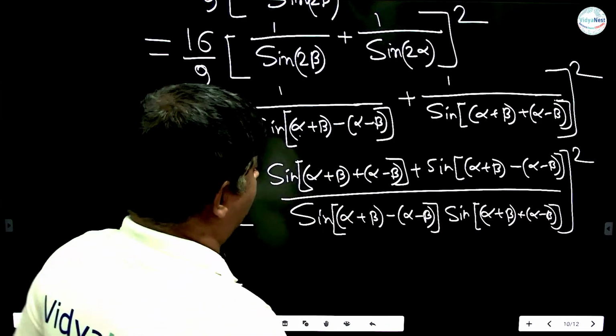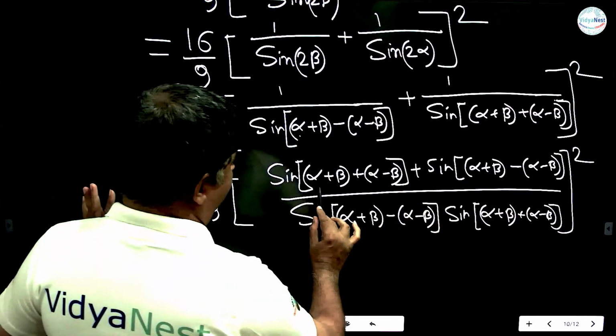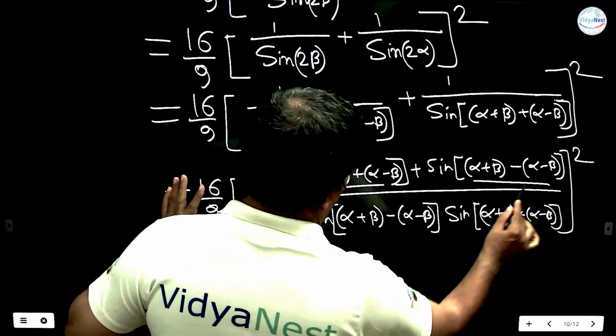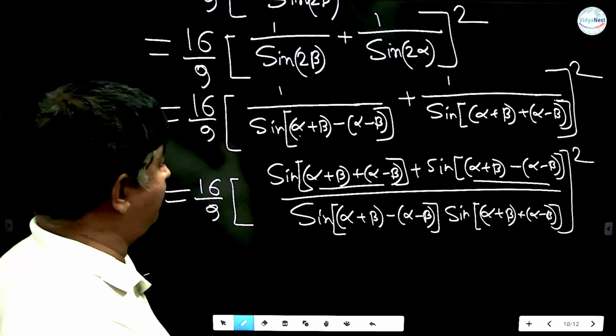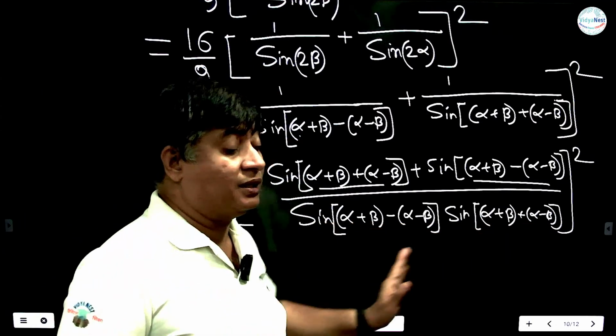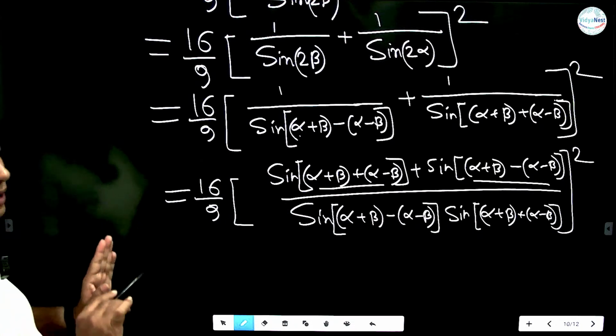See, the numerator part is so simple, it will become 2 alpha, this is 2 beta, as you had in the previous to previous step. But what is the denominator? What formulas recalling is required?